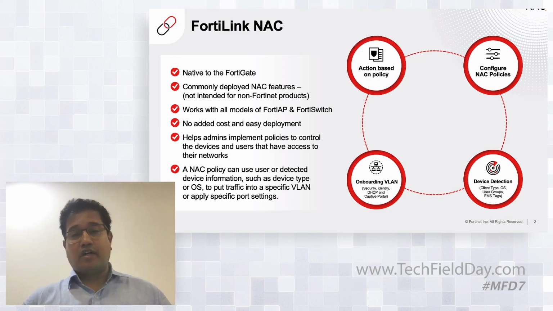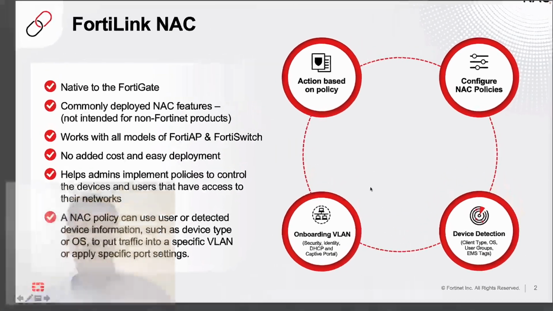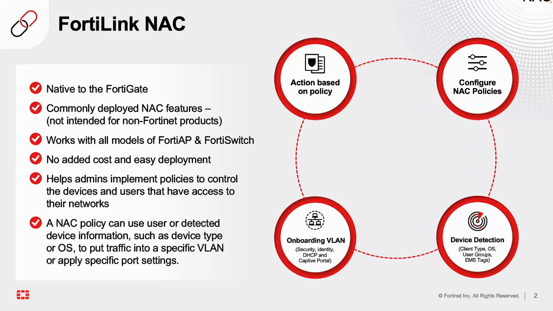Overall, you configure NAC policies, apply device detection based on the types, define which VLAN the device needs to move to from the default onboarding VLAN, and then apply the action based on the policy created. That is how network access control with FortiLink is enhanced, and it is part of our FortiGate solution.